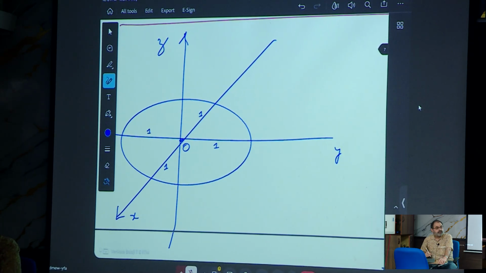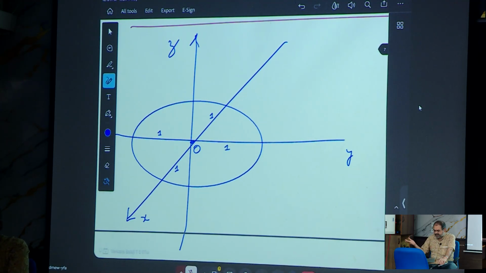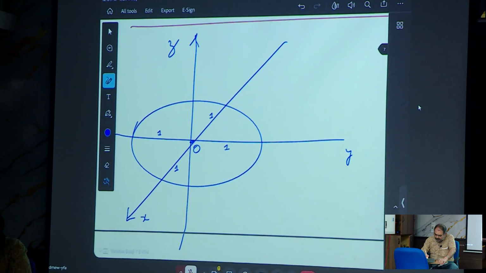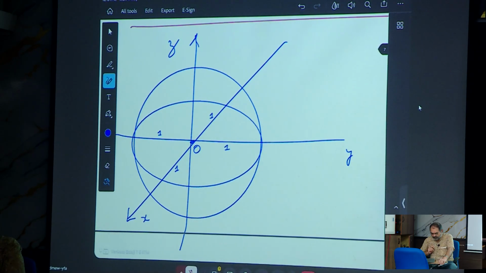Then this is the intersection of the unit sphere centered at the origin, radius 1, with the xy plane. And then I'll draw another circle which is going to be like this. Not so good, but don't worry about this part.